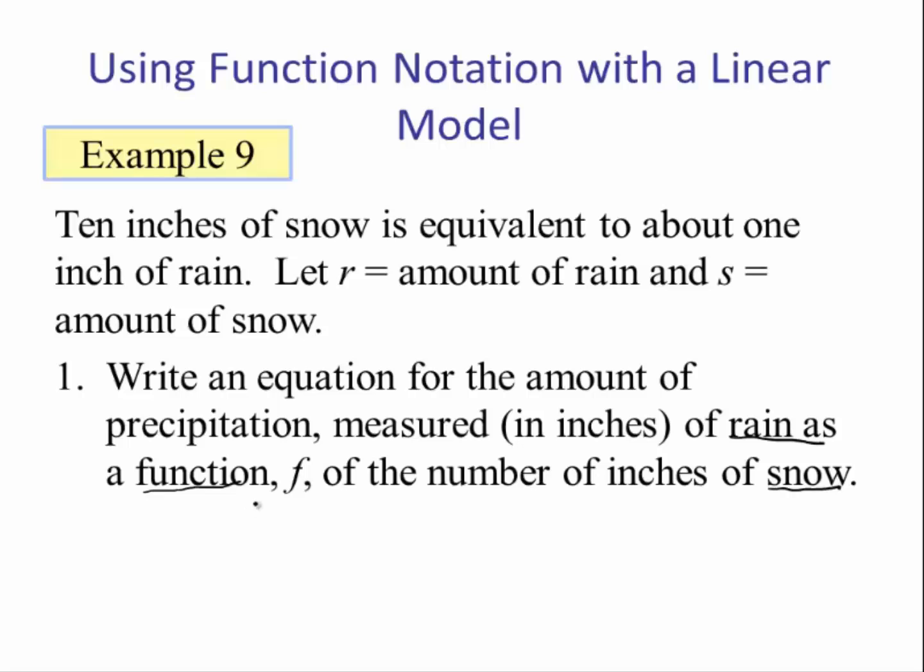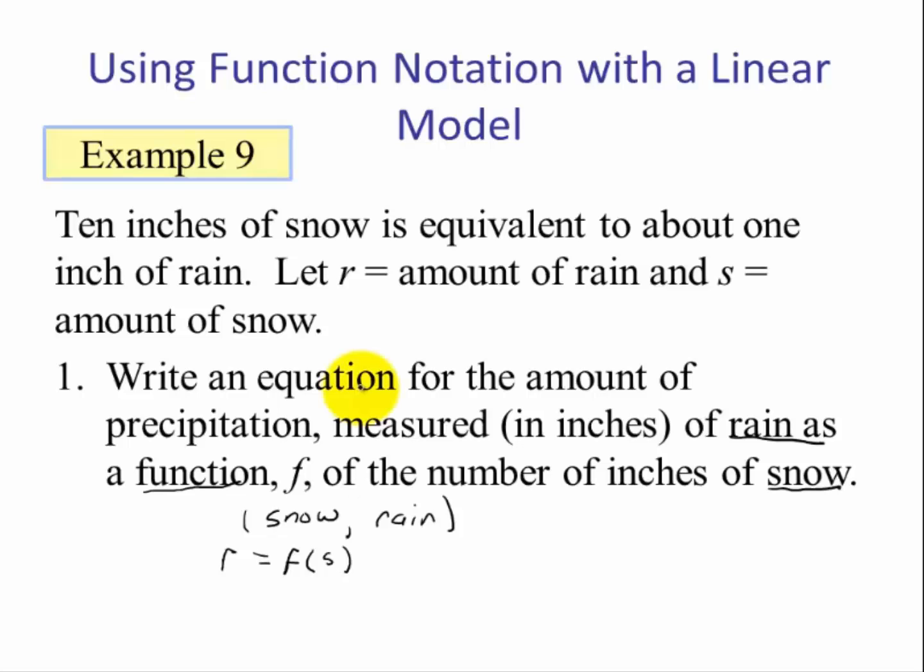Snow is going to be our input, and then the output is going to be rain. So function notation using an f, we would say f of s would be equal to r. So the function notation would be f of s.